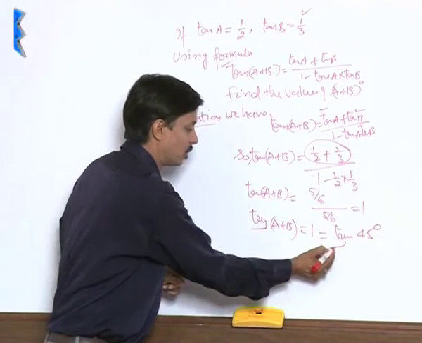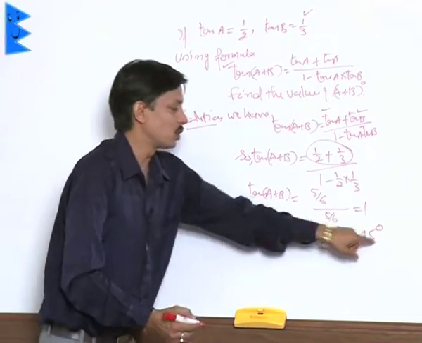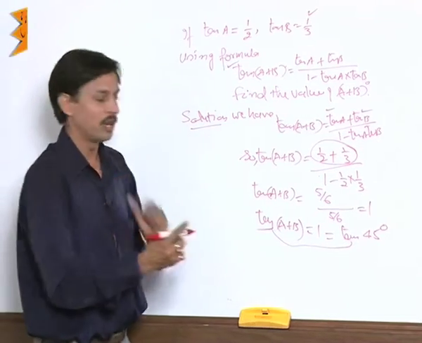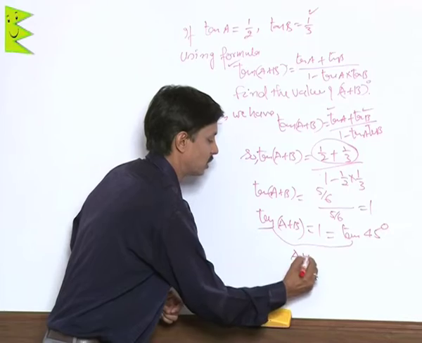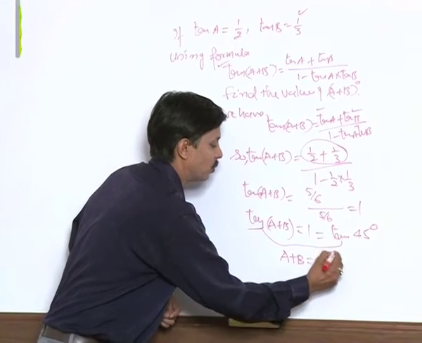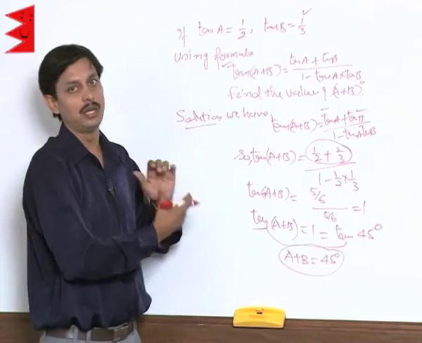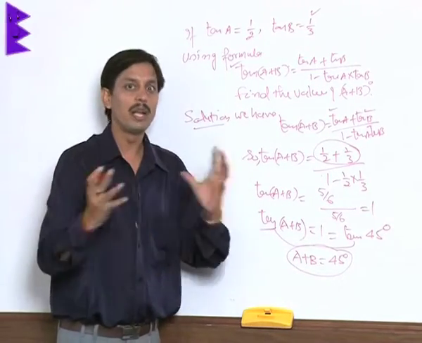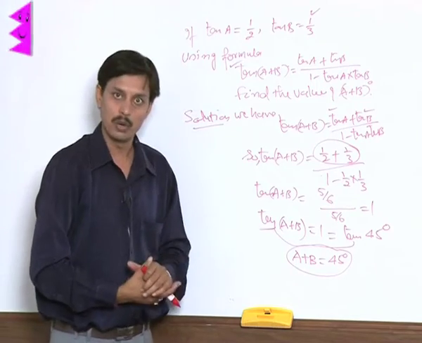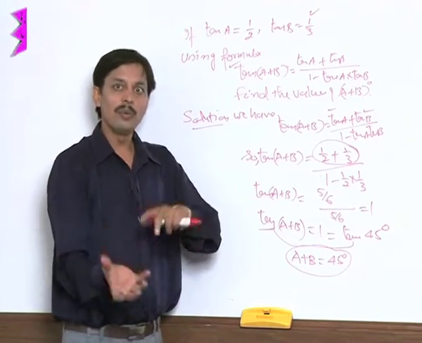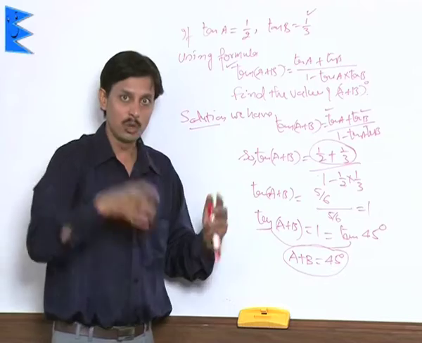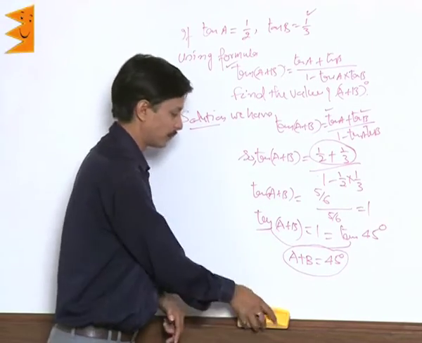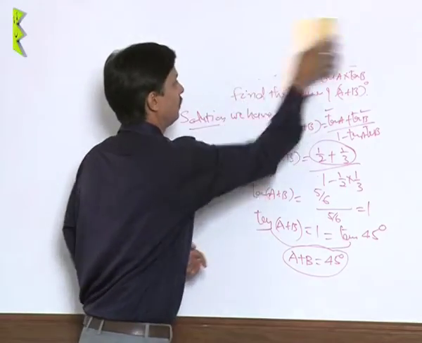If we compare these two, tan of A plus B equals tan 45, we can say the answer of A plus B is equal to 45 degrees. So we can use the table of trigonometry in solving various problems. And now we will discuss how to use the table when you are going to calculate some missing value. I am taking one example.